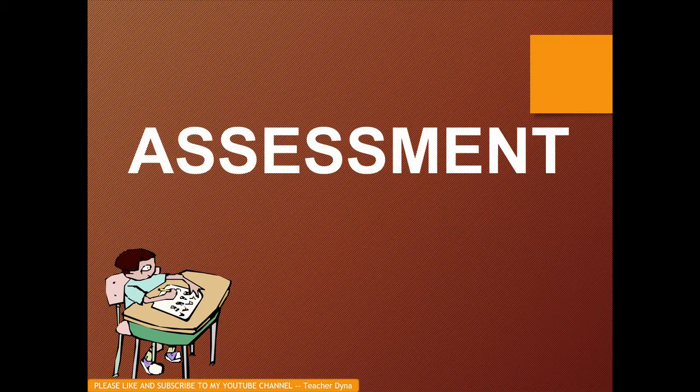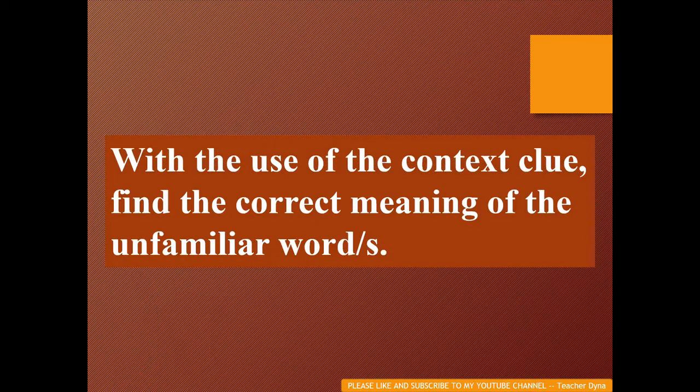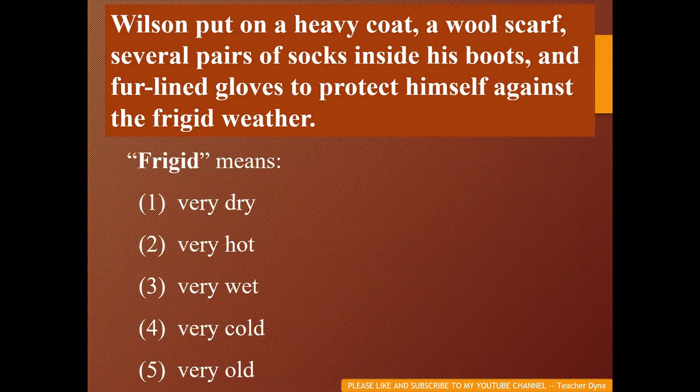This time, let us see if you understood our lesson. With the use of the context clue, you find the correct meaning of the unfamiliar word. Now let us try this.